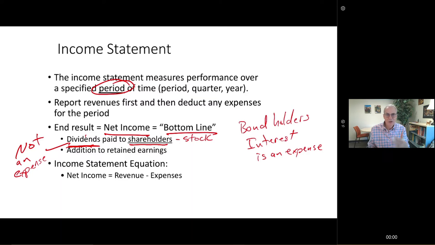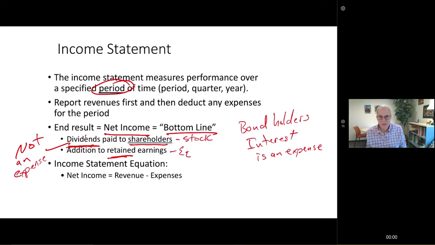That profit, income, earnings, all the same, we're going to retain. That goes under equity, because those earnings we've kept are money owed to the owners, since that's profit they've made. So we're going to retain our earnings.